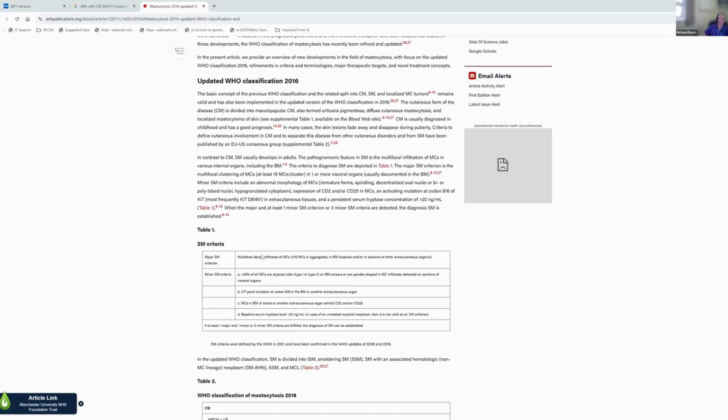In this instance, if there'd been a single aggregate of more than 15 mast cells in the marrow, or there had been a KIT point mutation, or the serum tryptase level was slightly higher, if any of those had been the case, then it would have been systemic mastocytosis, but it didn't make it on this occasion.